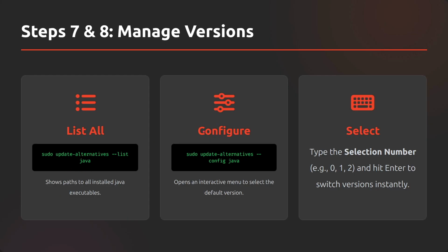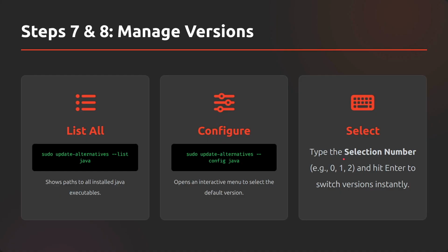Now if you are required to change the current default version, we just have to run sudo update-alternatives --config java. This will give you a select menu showing which version you want to utilize.